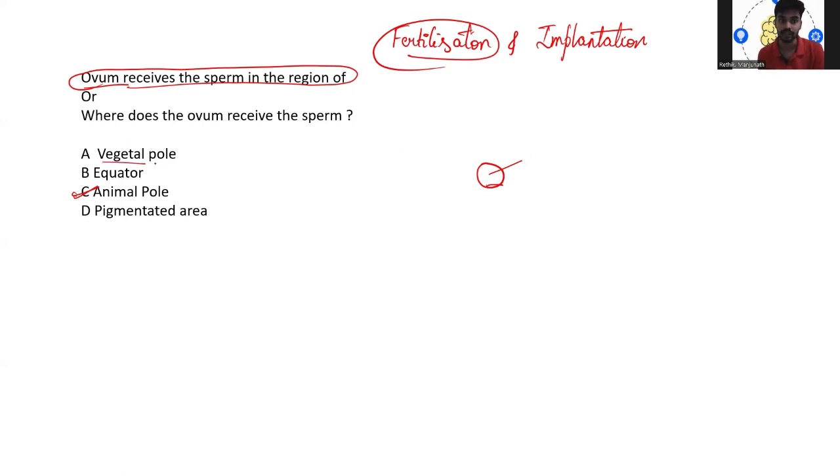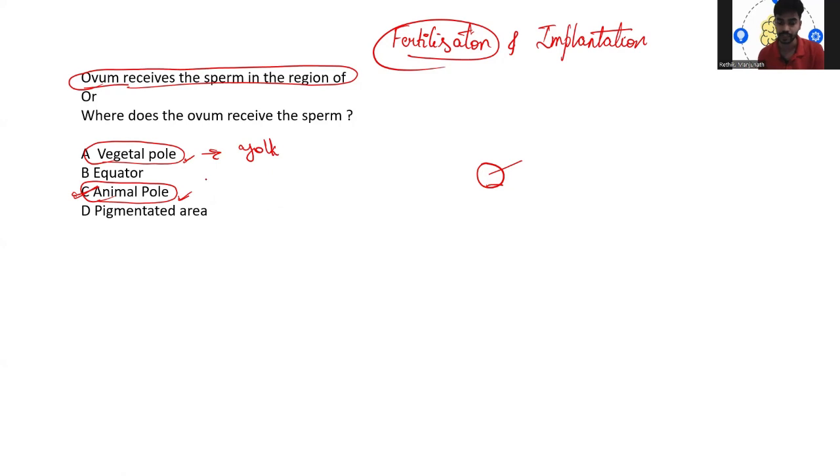In the vegetal pole, the cytoplasm is less active, and the end where the cytoplasm is more active is called the animal pole. In the vegetal pole, you will see only the yolk contained.